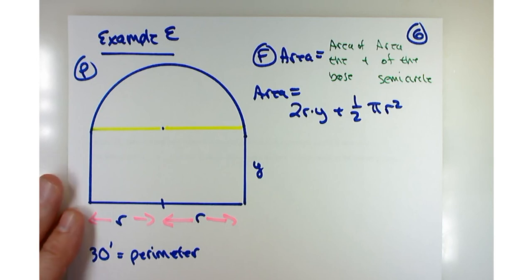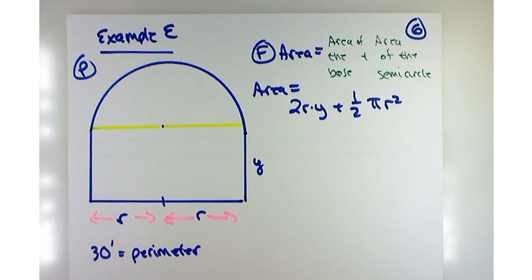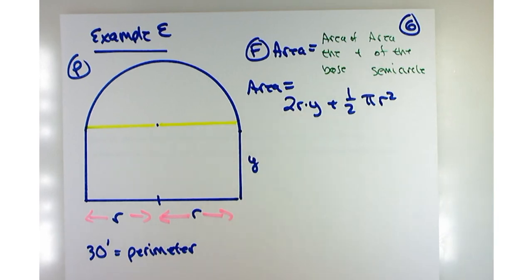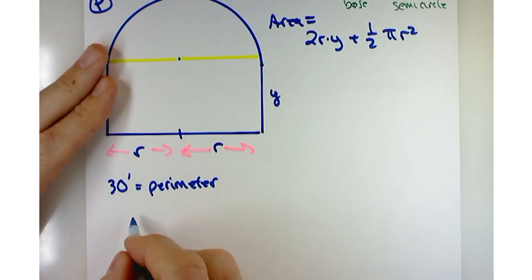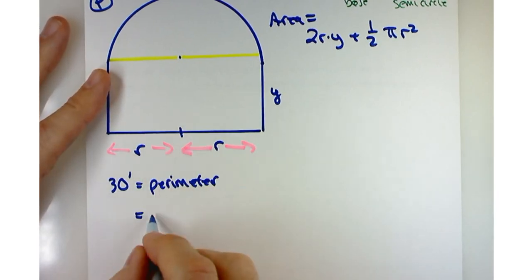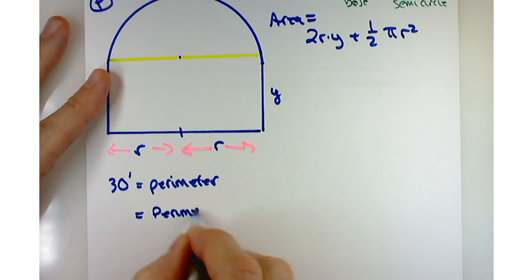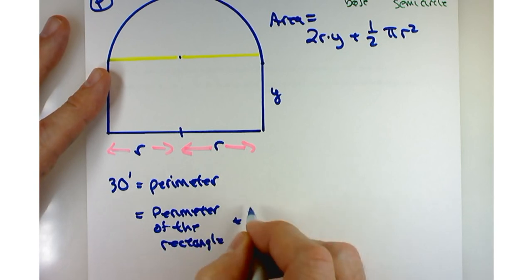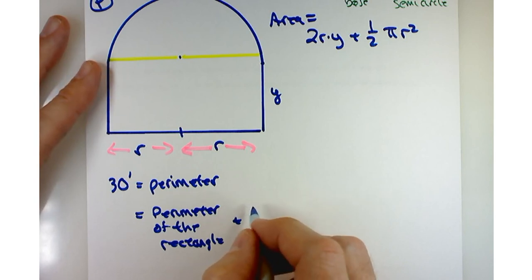What information haven't I used yet? Something that I'm going to need because I need to get rid of the y here. Yeah, I haven't used the perimeter yet at all, have I? So the perimeter was 30 feet, and that 30 feet is going to be the perimeter of the rectangle plus the circumference of the semicircle, or half the circumference of a circle.